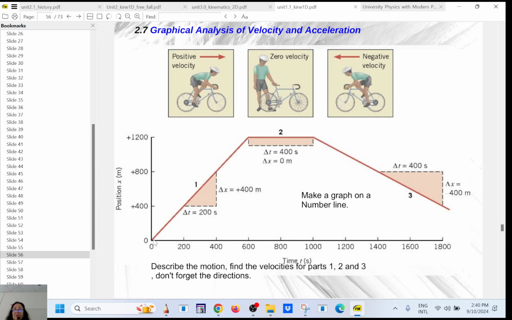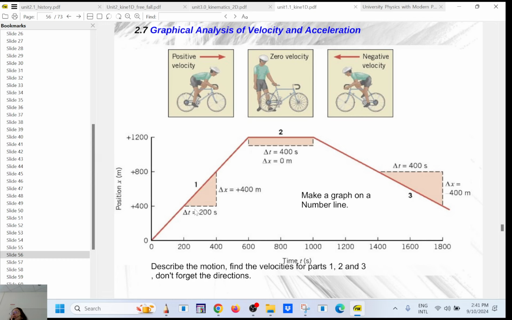So the position, that's on the number line. So there is a biker on the number line. So that will be the number line. So first he's going away from home. Yes? What about the velocity here, the slope? Is it constant? Is it decreasing or increasing? The slope, the steepness. Constant. Okay, if you go ski in Florida, the steepness is constant here, right? There is no steep. But anyway, the steepness is constant, so the velocity is constant.